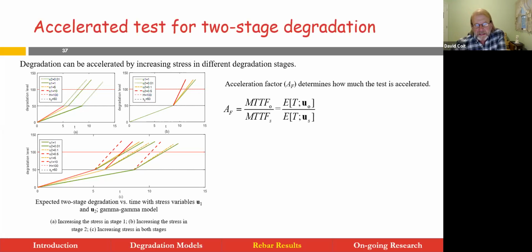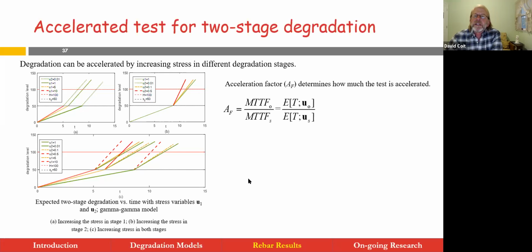But in practice, and in a general model, we could have one vector of stress variables that influence stage 1 and a whole other vector, stage 2. They could be the same, they could be partially the same. But you see on the left, the first graph, we're accelerating just stage 1 and then observing stage 2. Second graph, we're accelerating just stage 2, or we accelerate both.